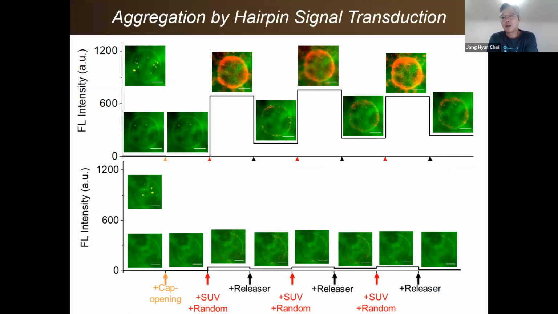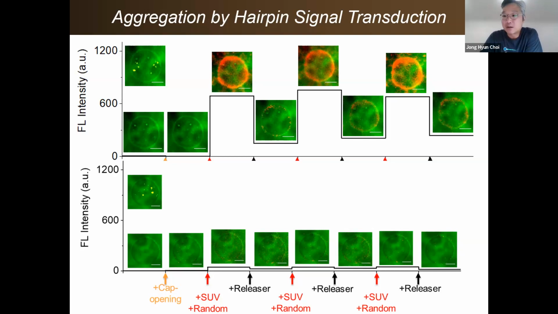But as I mentioned, we didn't really use high concentrations of releasers, so hopefully it will make more of a difference, and perhaps next time we could do a little better.